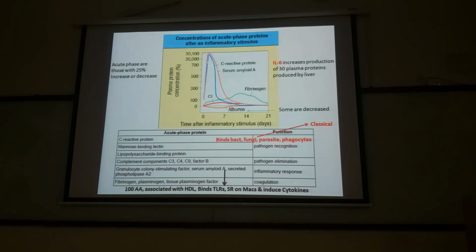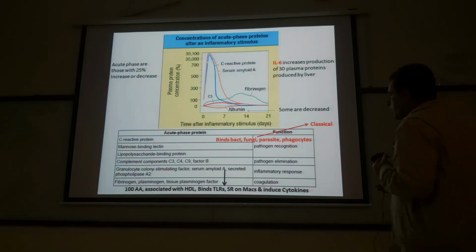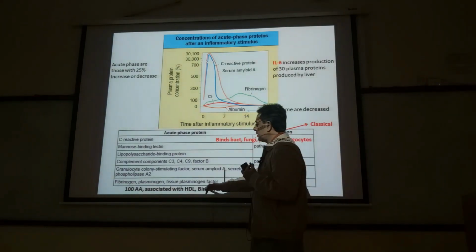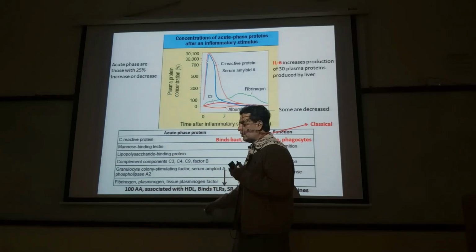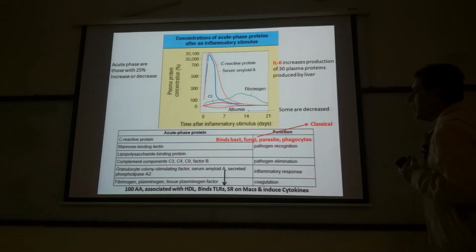So, what is serum amyloid A protein? This is a small peptide, about 100 amino acids in length, which means it's quite small, and usually inside the blood, this is associated with HDL, okay, high density lipoproteins.